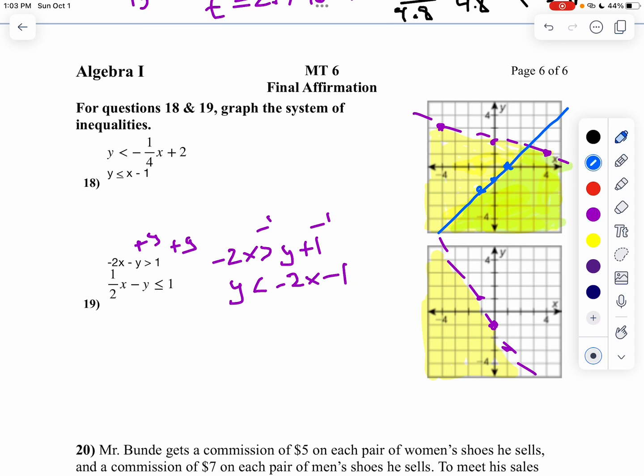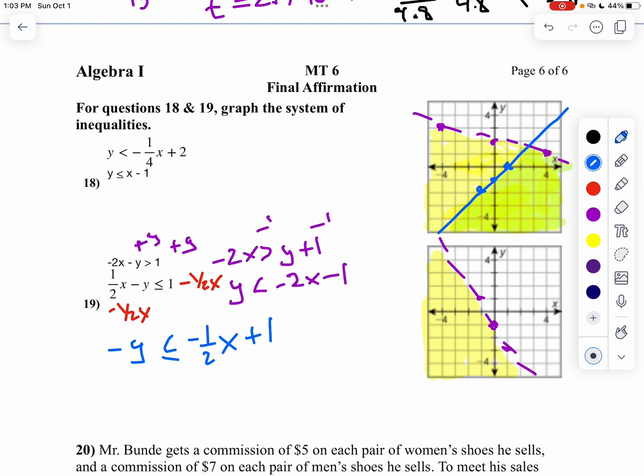So on the next one, I'm going to subtract 1/2 x from both sides. So then I'm going to get negative y is less than or equal to negative 1/2 x plus 1.